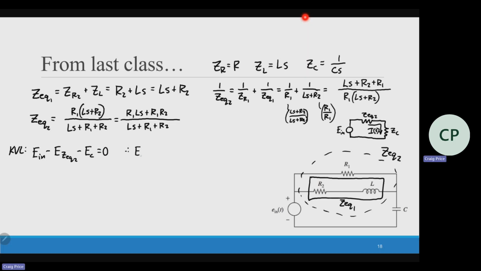So therefore En is equal to Z equivalent 2 voltage plus voltage of capacitor, and using the transforms, they both have the same current. So this is Z equivalent 2 times the current plus the impedance of a capacitor, which is 1 over CS times the current. And so we can combine these because they have the same current.